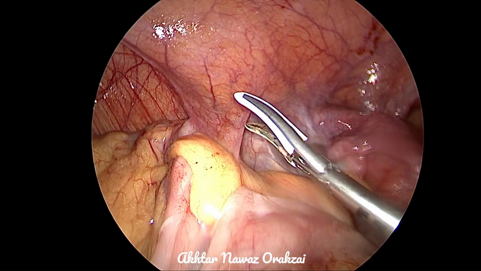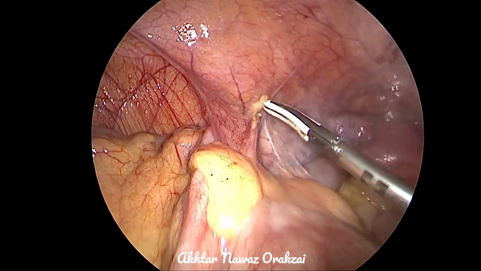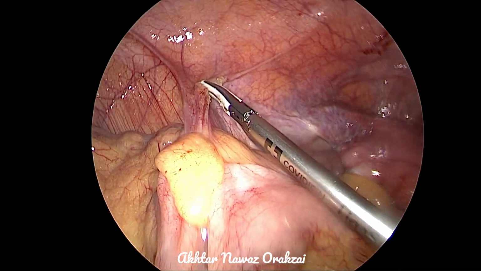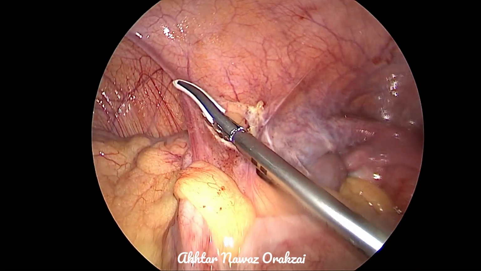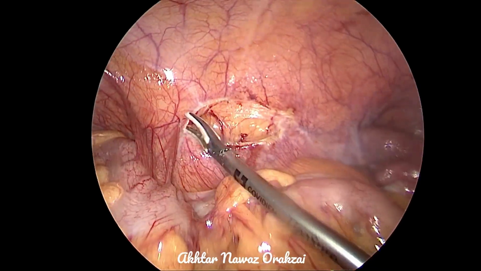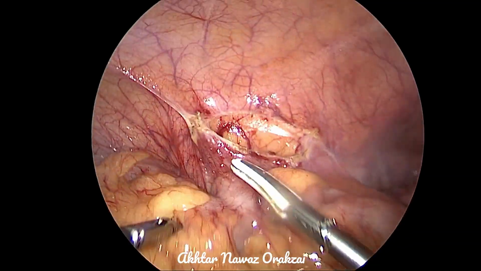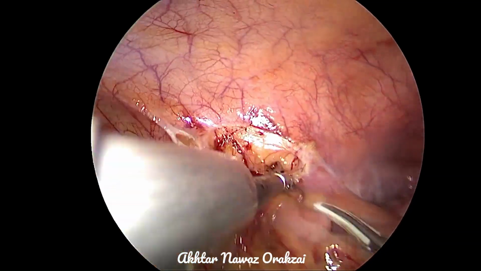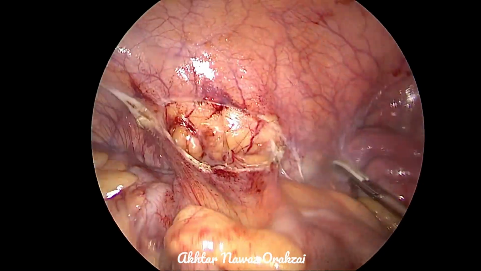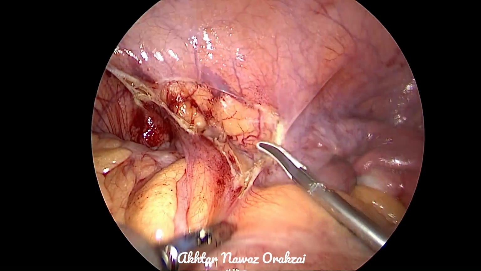So the process began with placing the ports for the camera and the working instruments, and then the steps are being followed here, which on the left side specifically for ureteric reimplantation are the mobilization of the colon, dissecting and identifying the ureter at an area which is virgin, that is the iliac bifurcation.